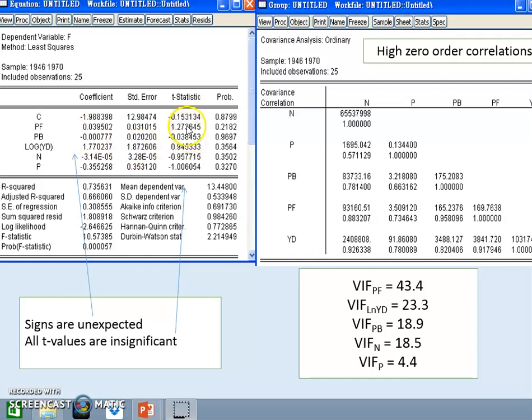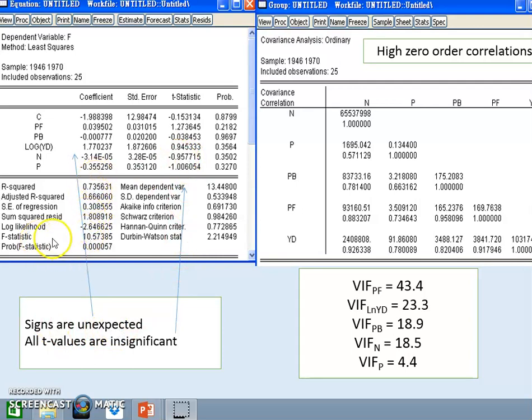And then if you look at the R squared here, it is quite high, 0.73. And if you look at the t-stats and the p-values, all of the p-values are higher than 0.10, meaning none of the t-stats is significant. So signs are unexpected, t-values are insignificant, and the R squared is quite high.